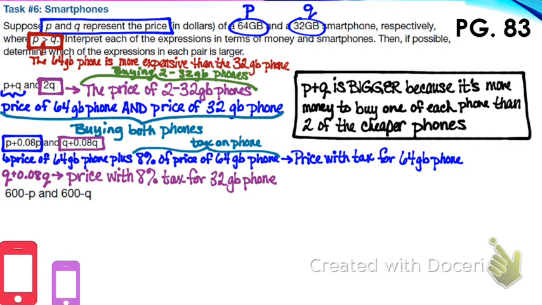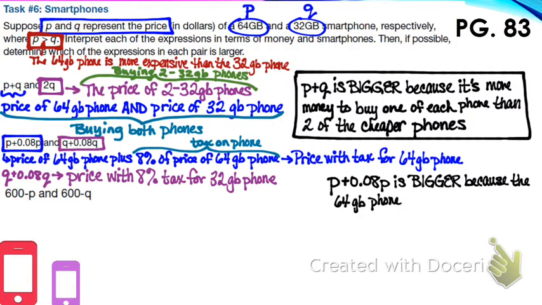So I would write that P plus 0.08 P is bigger because the 64 gigabyte phone with tax is more expensive than the 32 gigabyte phone with tax.